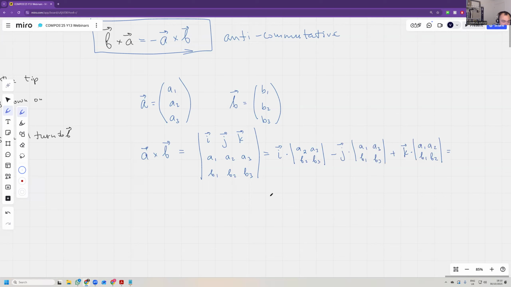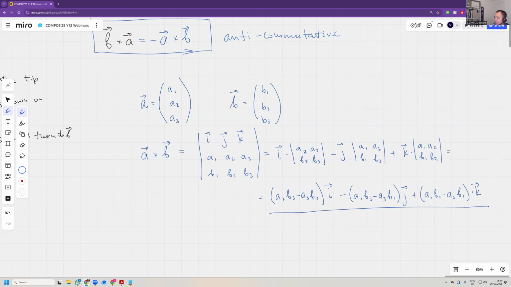And of course, this can be simplified as A2 B3 minus A3 B2 multiplied by vector I, minus A1 B3 minus A3 B1 multiplied by vector J, plus A1 B2 minus A2 B1 multiplied by vector K.